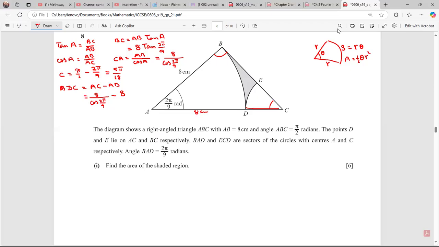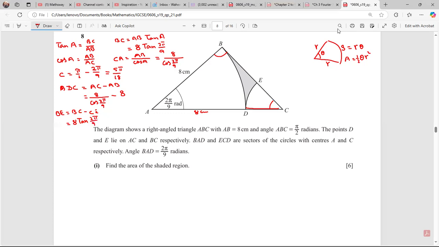Okay, so we found DC, and finally I want to know the value of BE. BE, you can see this is equal to BC minus CE. Now BC, we found that it was 8 into tangent of 2 pi by 9.